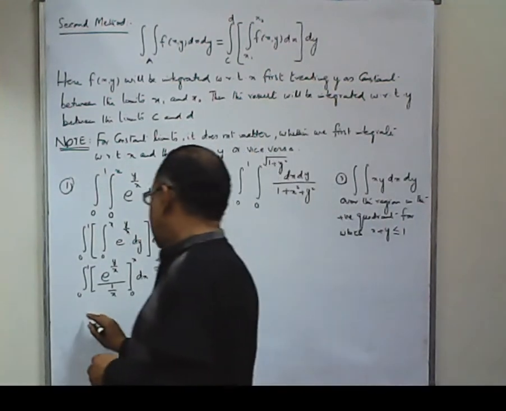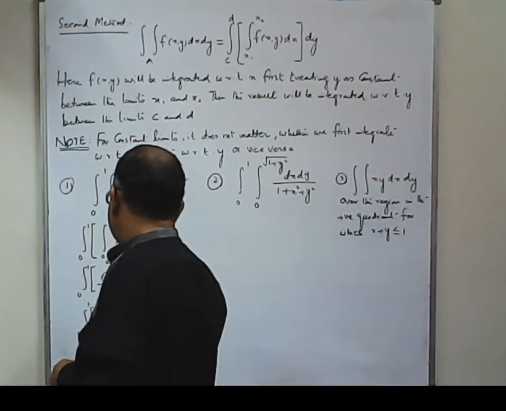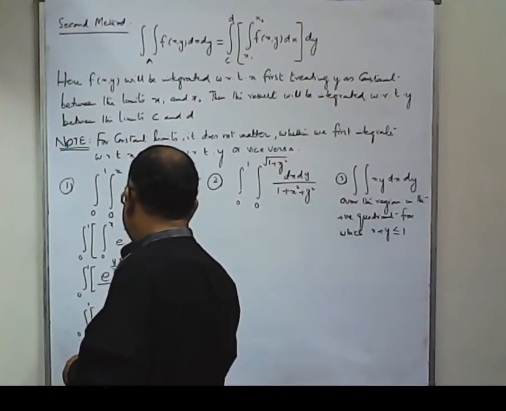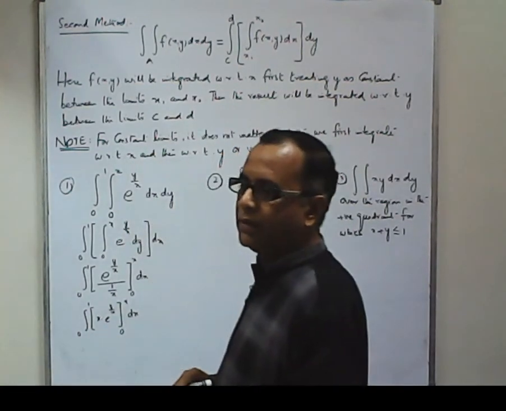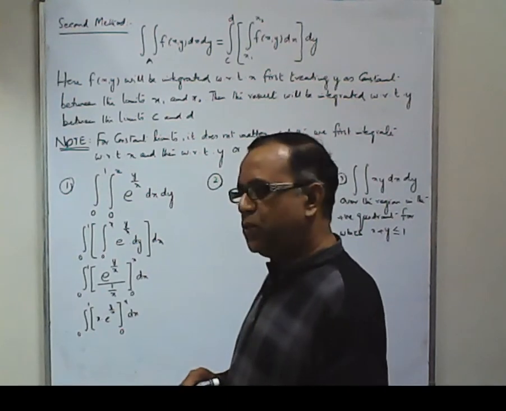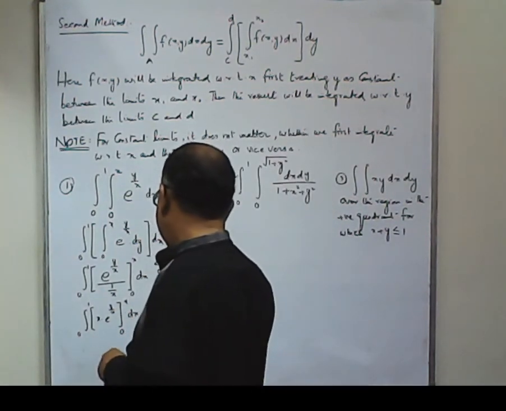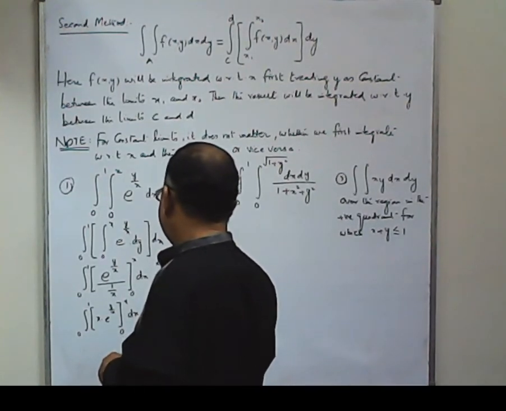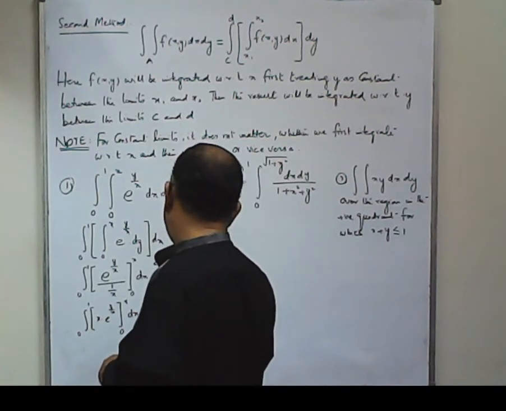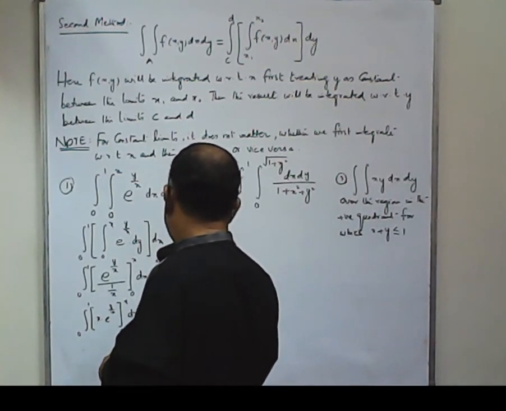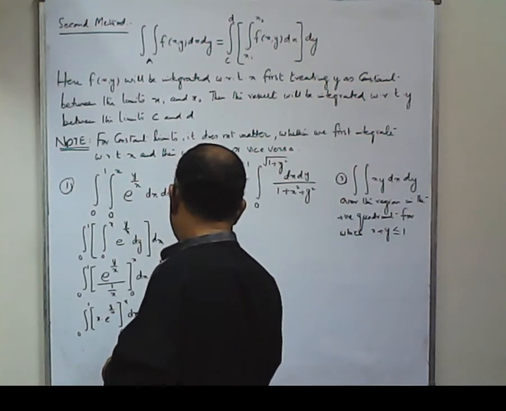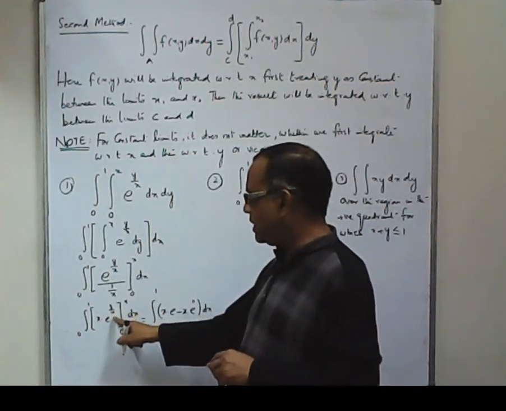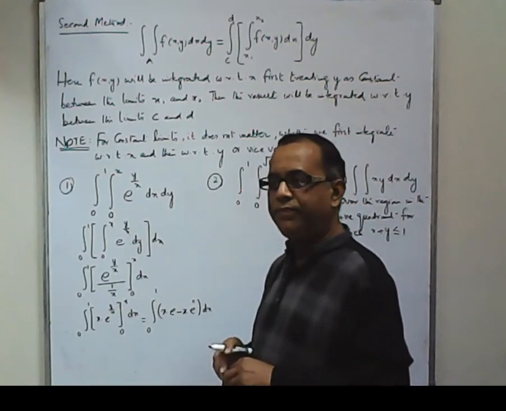So now we have 0 to 1 x into e power y over x, 0 to x, dx. Now we will substitute the limits. Upper limit minus lower limit: 0 to 1, x into e power x upon x, so x into e, minus x into e power 0. Upper limit was x, so x upon x, and then 0.